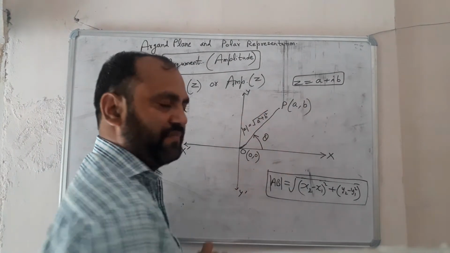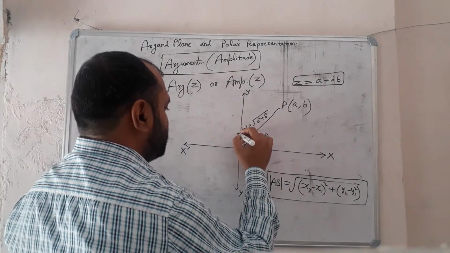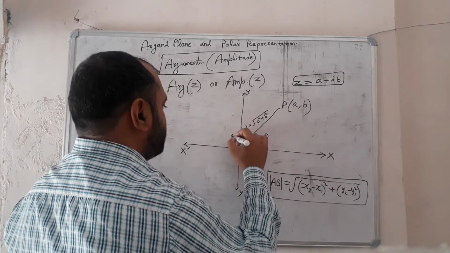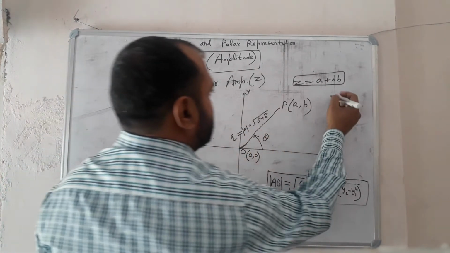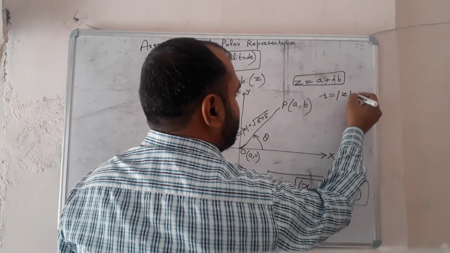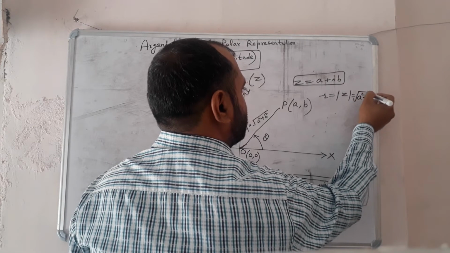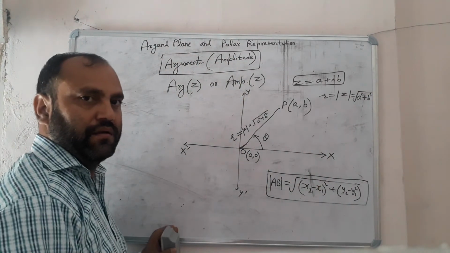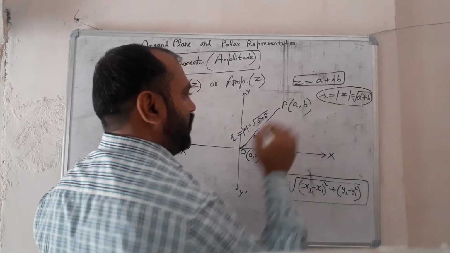What is z? a plus iota b, and this is represented by small r. So this r is equal to modulus of z, and its value is square root of a square plus b square, right? So this is called modulus.